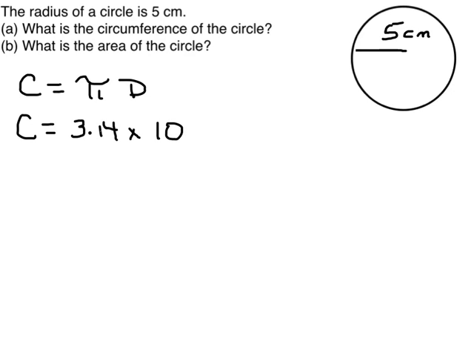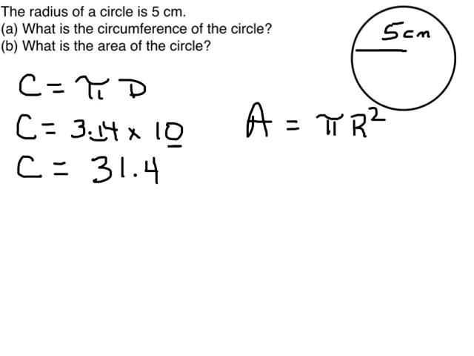3.14 times 10. Now I know that when I'm multiplying a decimal times a multiple of 10, all I have to do is move the decimal point. So I'm going to move it one place to the right because I have 1 zero. And circumference equals 31.4. Now area, I'm going to take that 5. Area equals pi times radius squared.